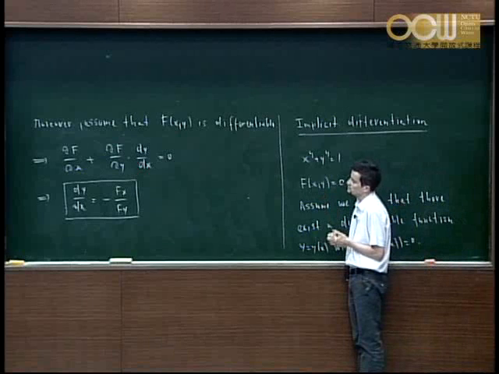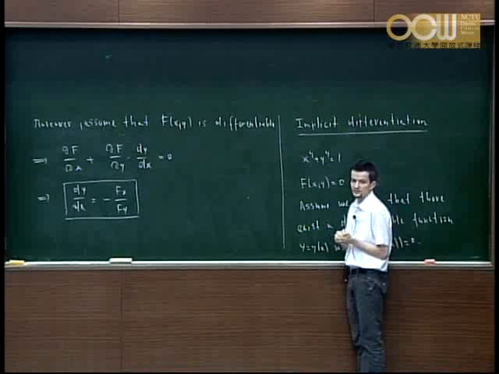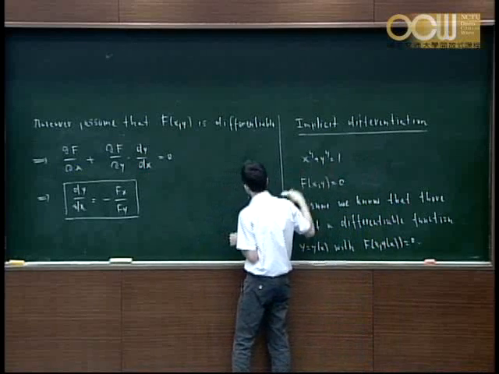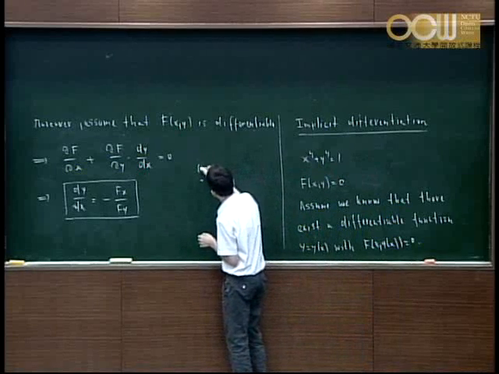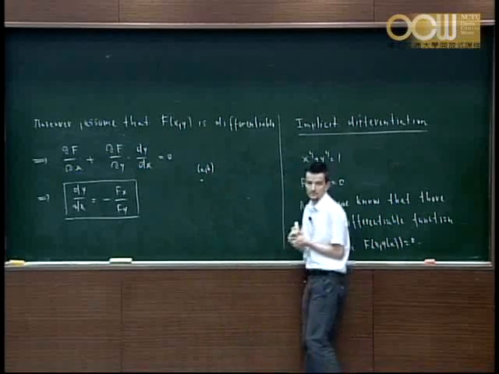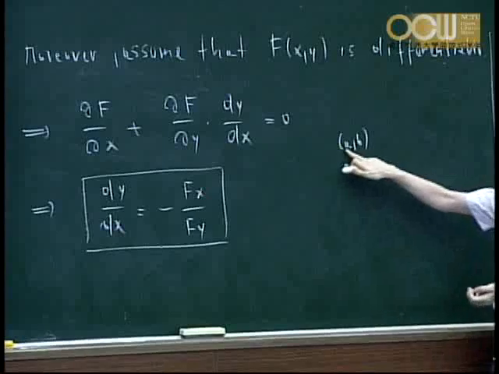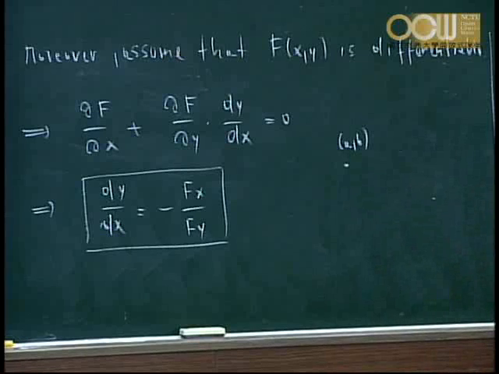Now, the conditions which we need, you find this in our textbook. Here we are two-dimensional. So if you have a point (a, b), and you have that this point is a solution of this equation here, so f(a, b) is equal to 0.